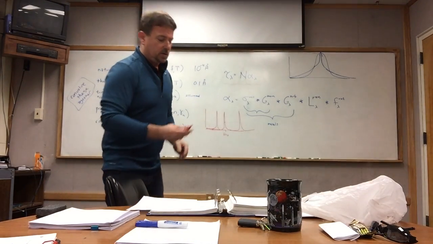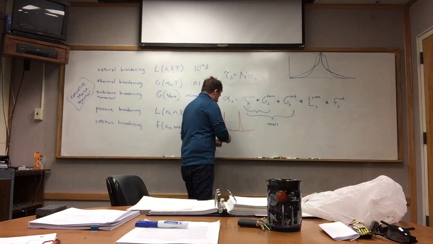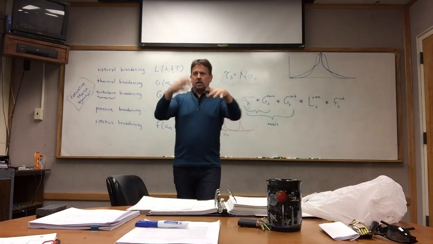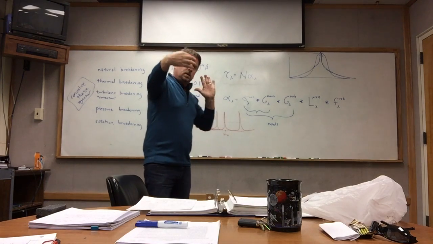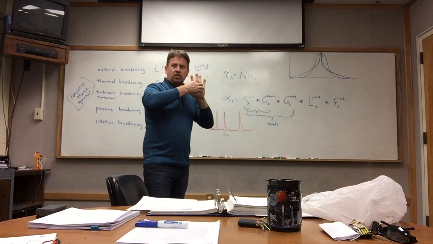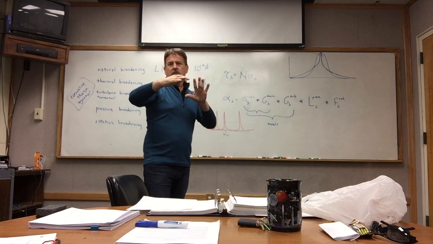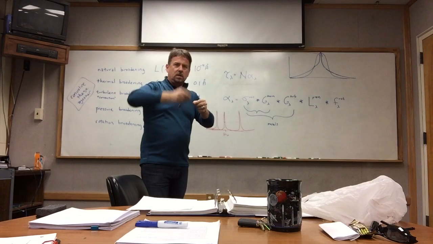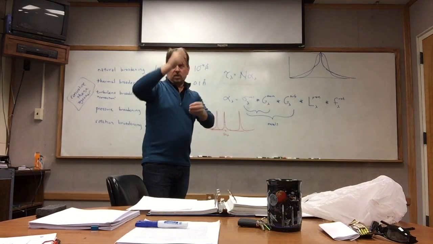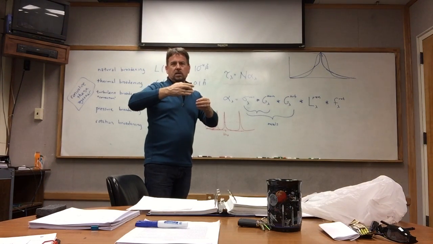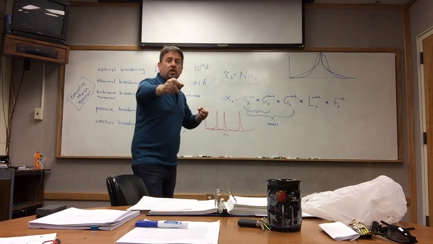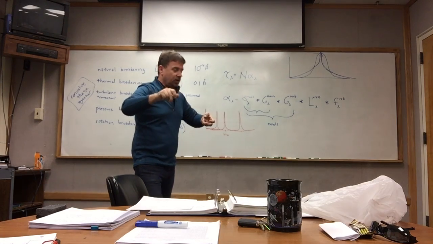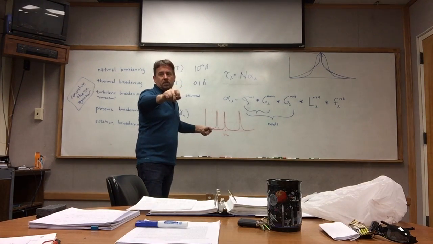Now what you have to do is consider an ensemble of atoms in this gas. And remember, the line of sight distribution of those velocities is a Gaussian. So most of the atoms are not moving away from you or toward you. They have a velocity of 0 with respect to you. Some of the atoms are moving toward you, some are moving away from you. Very few of them are moving rapidly toward you, and very few of them are moving rapidly away from you.